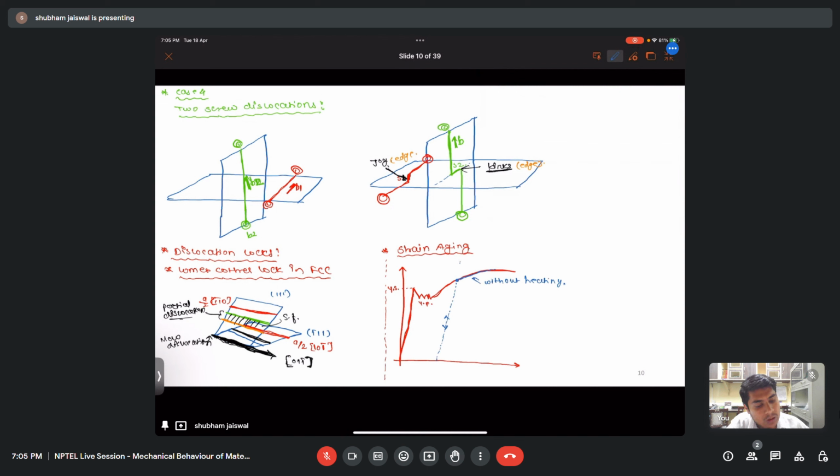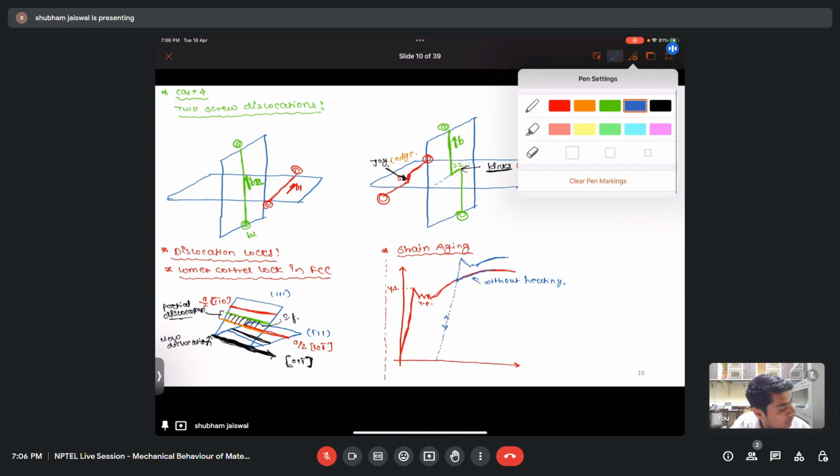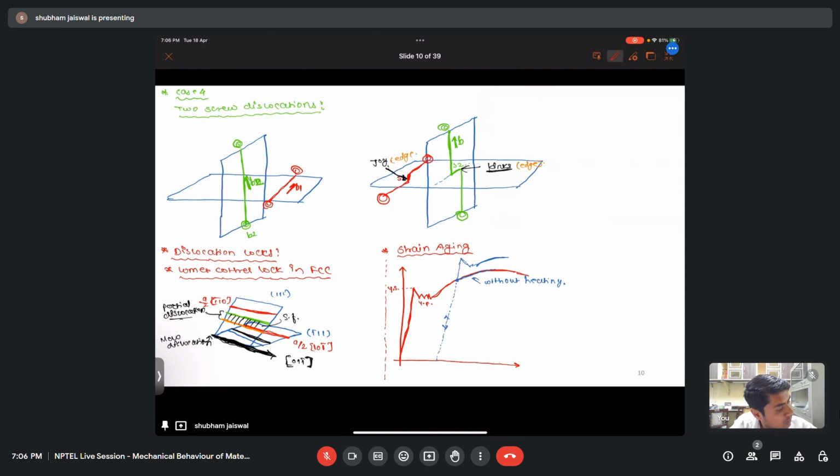The atoms will diffuse to the dislocation core, and again it will create the Cottrell atmosphere, and we'll get the yield point phenomenon. So let's say this is my case after heating.